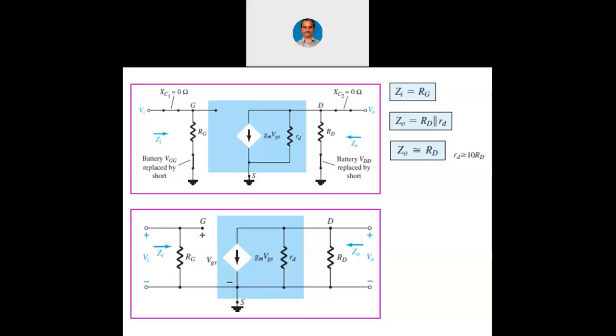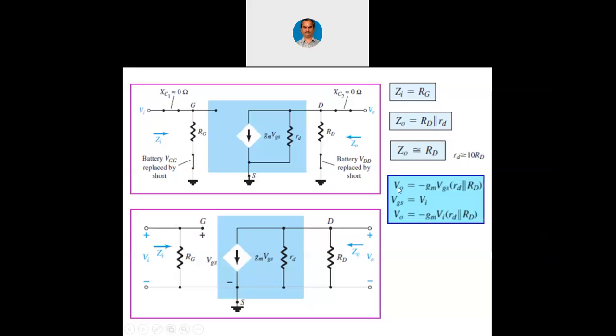Z0 we can approximate to capital RD, because in general the small rd is greater than or equal to 10 times that of capital RD. This is a general conclusion, but my suggestion would be that you always remember the upper equation only. You always remember Z0 equals capital RD in parallel with small rd. Let us not ignore small rd when it is given in the exercise.